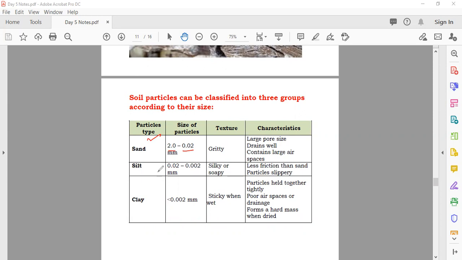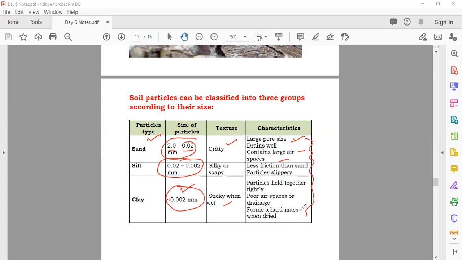And silt is less than 0.02 millimeters. Just keep this size in your mind. Their texture is gritty, and silky or soapy, sticky when wet. Their characteristics: large pores, drains well, contains air inside. They're talking about sand.